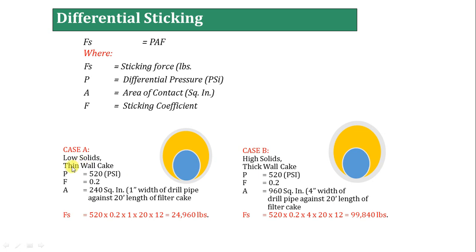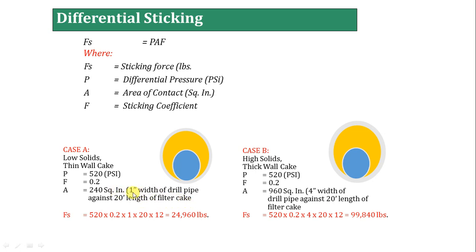The very low solids give a thin filter cake, a thin wall cake, and this thin wall cake will give a very low sticking force. So if there is a thin wall cake, the pressure differential is the same here, 520, the sticking coefficient is 0.2, and the area is 240 square inches, due to 1 inch width of the drill pipe against 20 inches length of the filter cake.